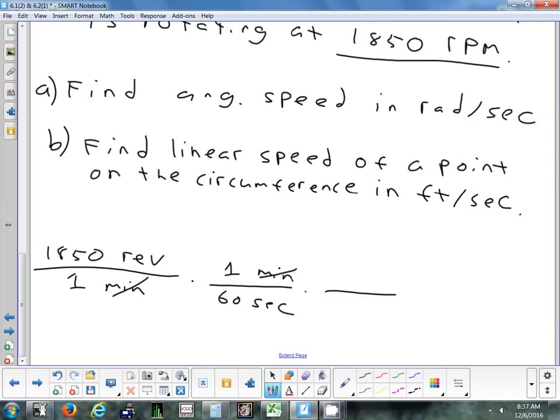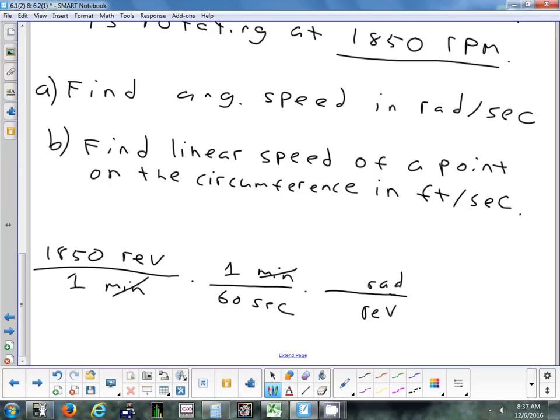So now I got to get from revolutions to radians. Where would revolutions go? Even if you don't know the numbers yet, we should know where it goes. Yeah, it has to go in the bottom, and radians would be in the top. So now what's the connection between radians and revolutions? Well, let's think of it this way.